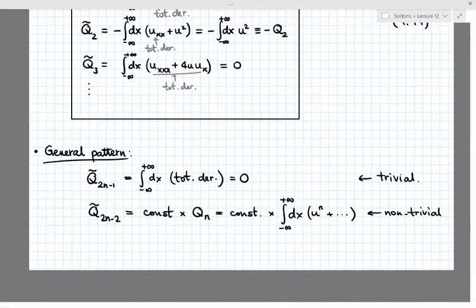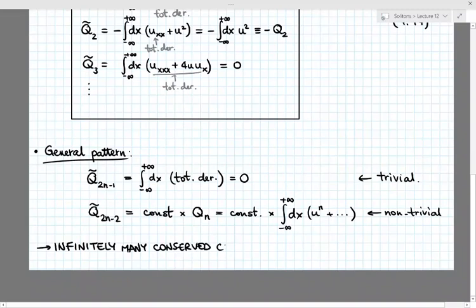So to summarize, we find that there exist infinitely many conserved charges for the KdV equation. And this is the key to the KdV equation being integrable. This is a property that you'll study in more detail towards the end of the second term.